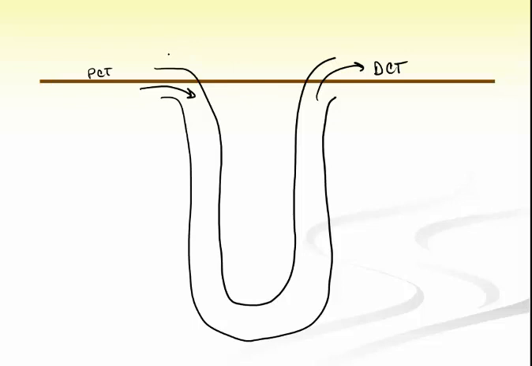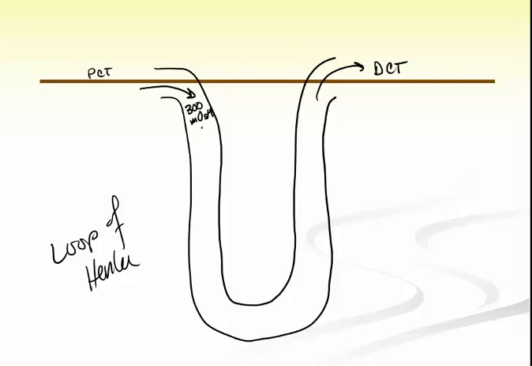Now, the filtrate concentration leading into the loop of Henle is going to be 300 milliosmolar. Okay, and so you know that that's a form of molarity based on the number of molecules exerting a pressure on the wall of the loop of Henle. But for now, it's a unit, 300 milliosmolar, that's representing a concentration.